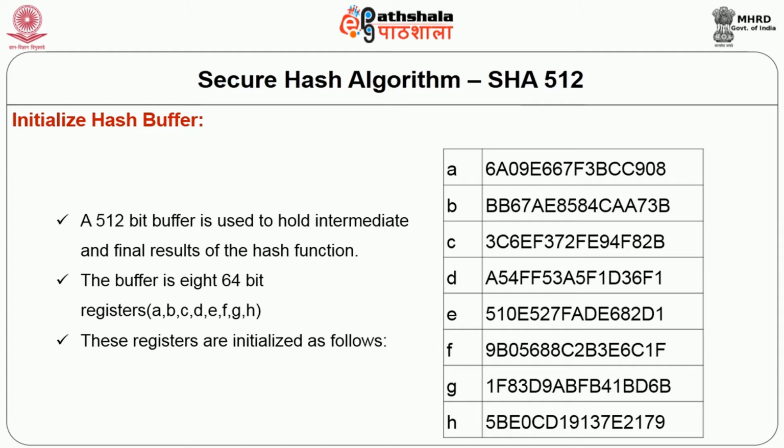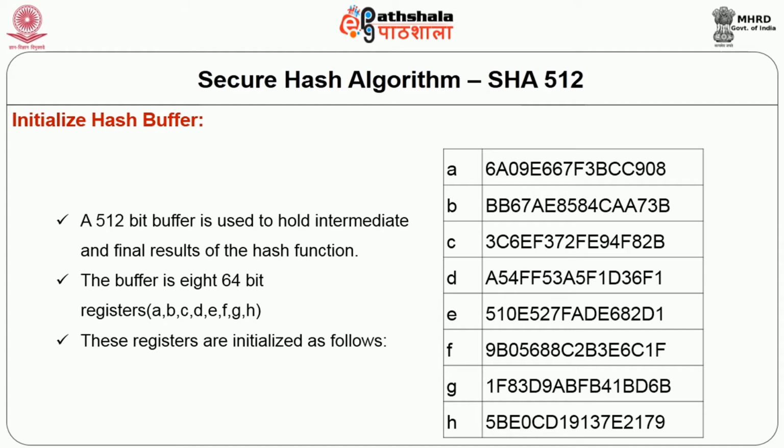Just to have a look at what those registers contain, A would contain 6A09E667F3BCC908, and accordingly B, C, D, E, F, G, H contain their own values. You can look at the slide to check out what values are stored in these registers.